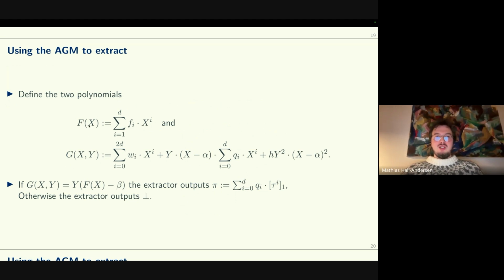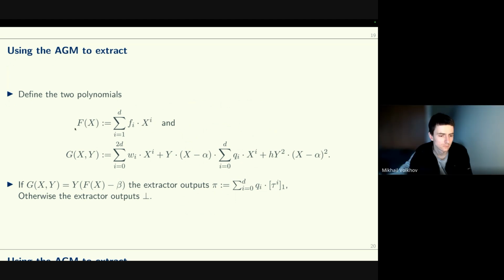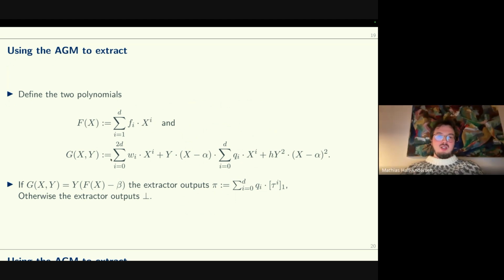If I plug in tau instead of x to the i here, that would give me the commitment by definition. And similarly here, if I plug in tau and R, and I have tau here in the target group, and I have R here, that will give me S by definition. And so this represents the commitment, and this represents S.